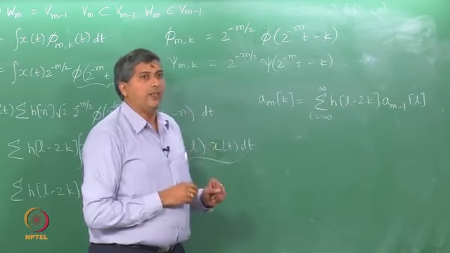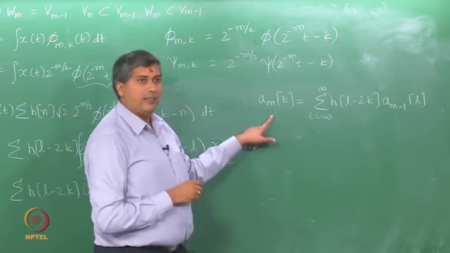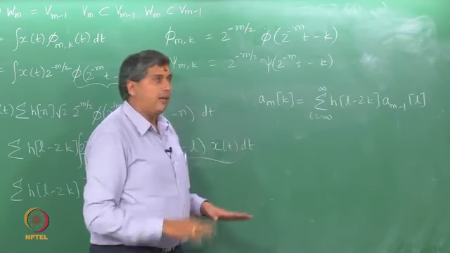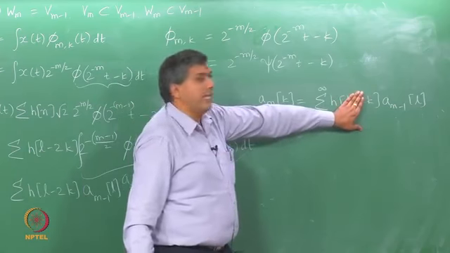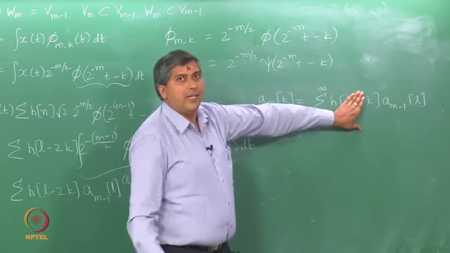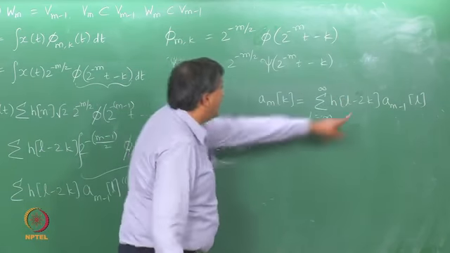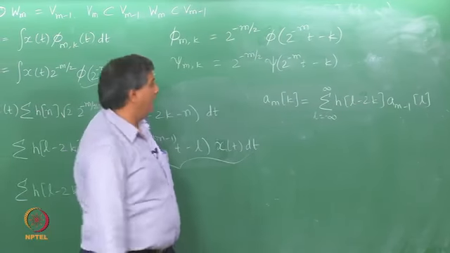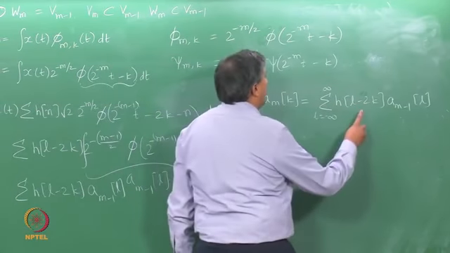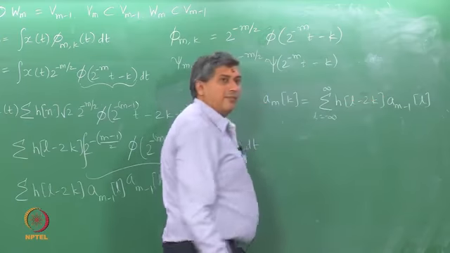But the only difference between the regular convolution and this one, if this was only a convolution, then I should have had only a k, then that makes it a perfect convolution, but I have a 2k here, and therefore, this is convolution plus downsampling.